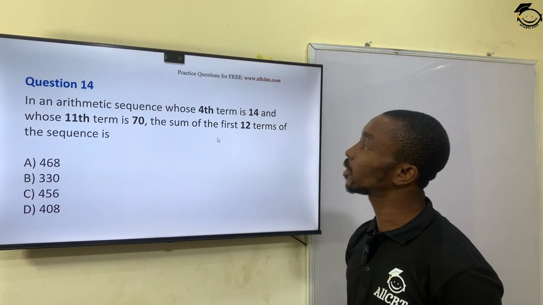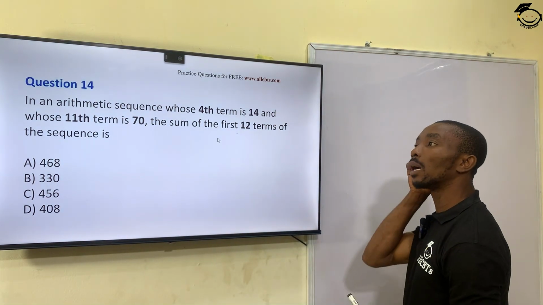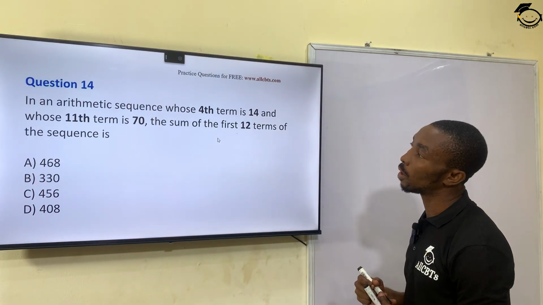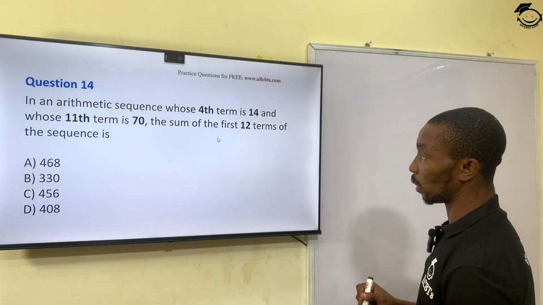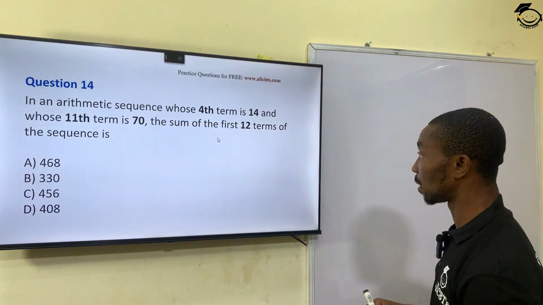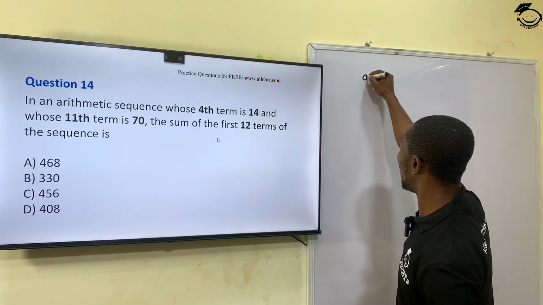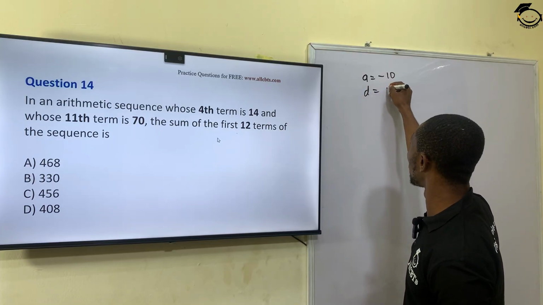In an arithmetic sequence whose fourth term is 14 and whose 11th term is 70, the sum of the first 12 terms of the sequence is, so we have to find the sum of the first 12 terms. Now, recall that in our previous question, we found our a to be minus 10 and our d to be 8.